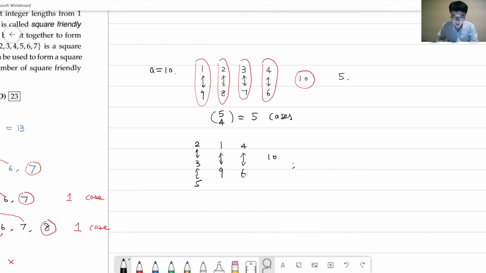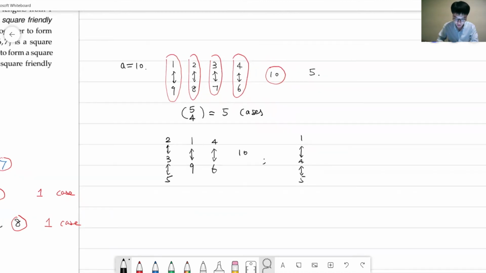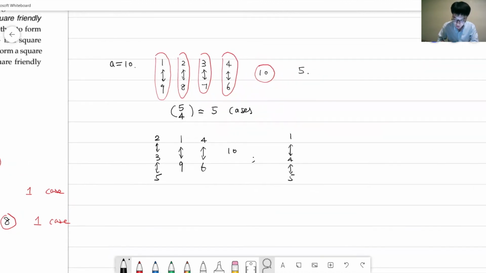And there's another way to form this side length: 1 plus 4 plus 5. This corresponds to breaking the other 2 sides. And we keep 2 and 8, 3 and 7, and still we have this 10. So we have 2 more cases.